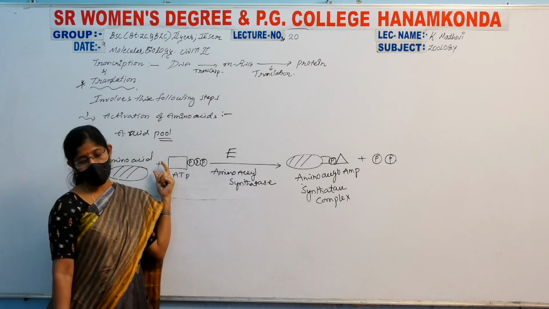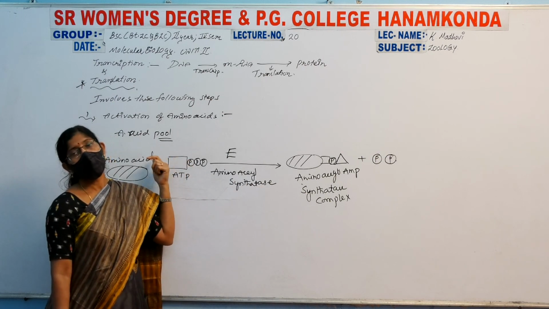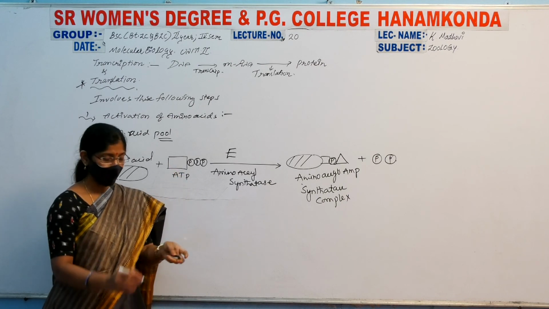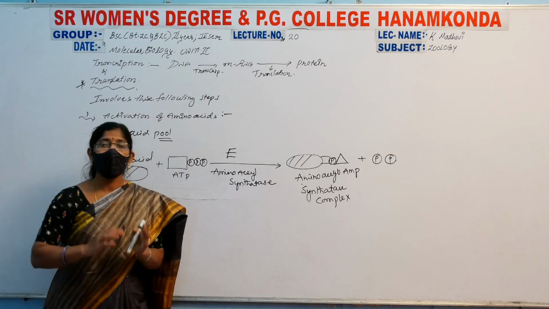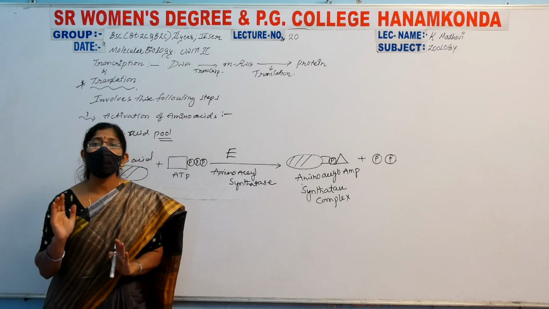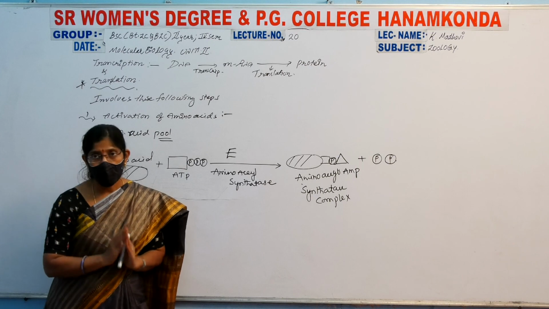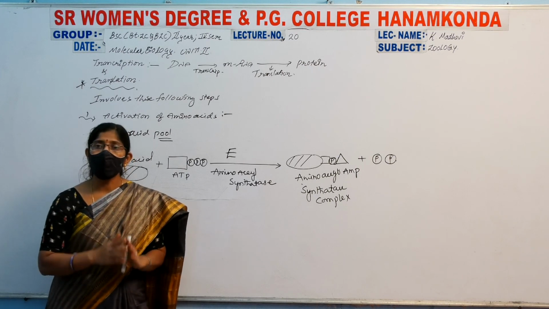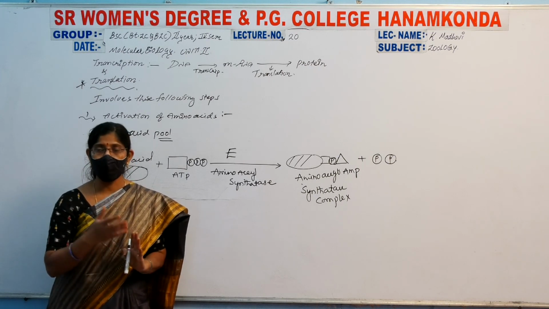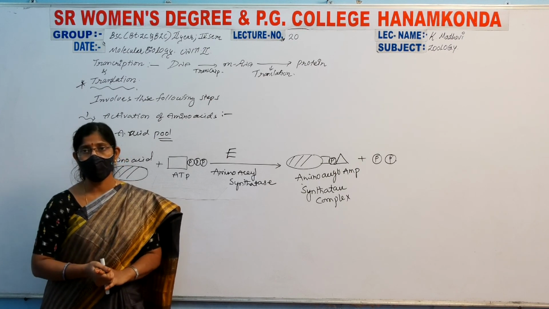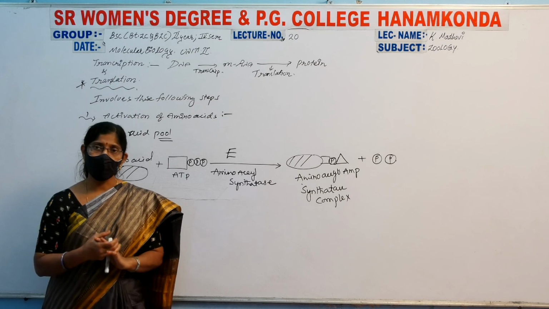Let us discuss the charging of tRNA. I first discussed that a specific tRNA is specific for an amino acid, which means tRNA valine, tRNA alanine, tRNA leucine, tRNA lysine, tRNA histidine, and so on. These are the essential amino acids.